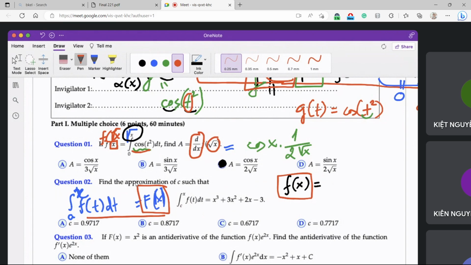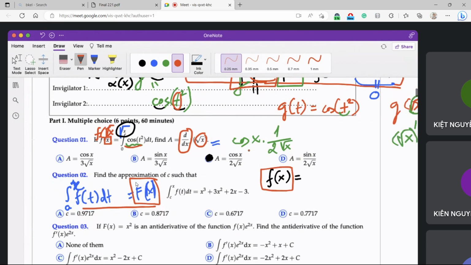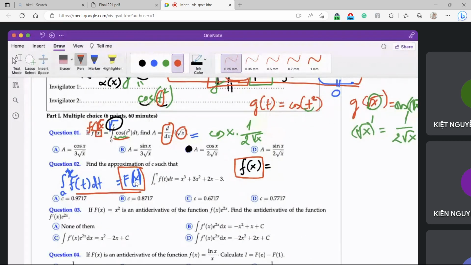Who knows? No one knows? Yes, that's right. So the inner function here is the derivative of the function f, capital F.